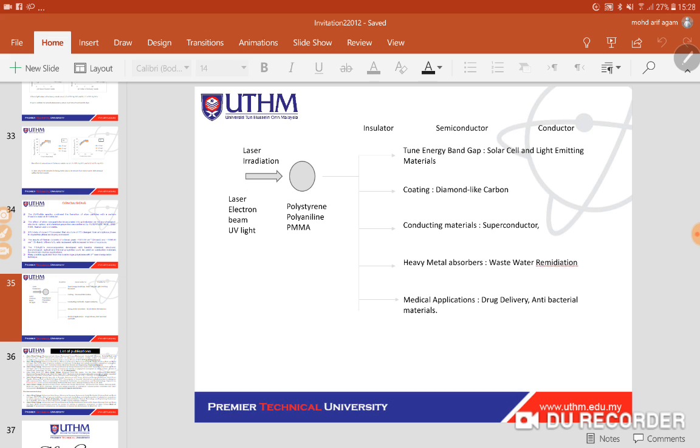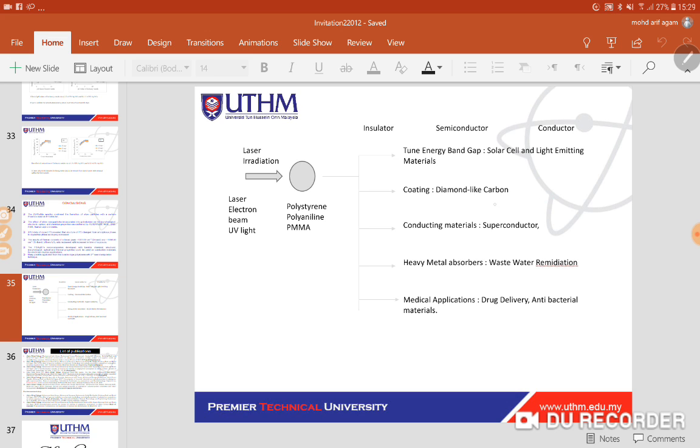This is done by one of my research students. And of course, it can become coating materials. Especially for the diamond-like carbons, we like to investigate the coating of polystyrene bombarded with laser, and we want to investigate how it prevents corrosion of materials.